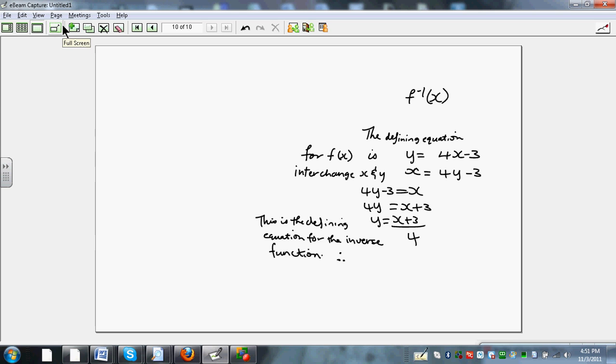Therefore, you could write the inverse function, which is f to the minus 1 of x, as being equal to x plus 3 over 4. Those are the steps that you have in your book.